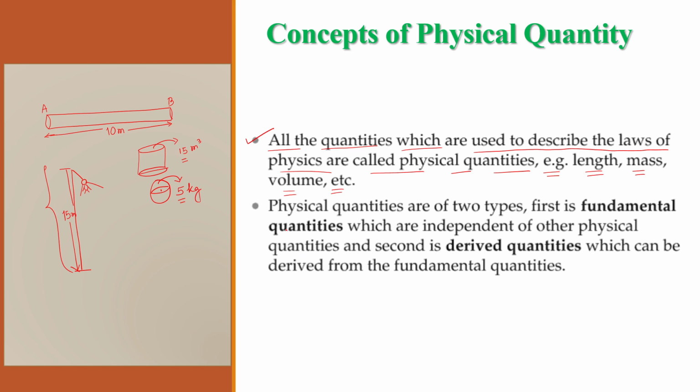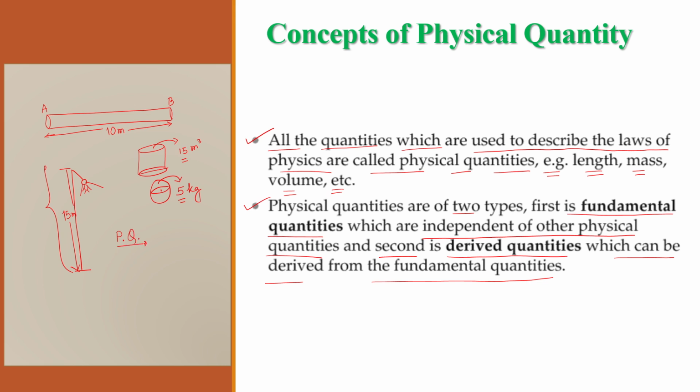Then physical quantities are of two types. First one is fundamental physical quantities, which are independent of other physical quantities, and second one is derived quantities, which can be derived from the fundamental quantities. So physical quantities are basically two types.